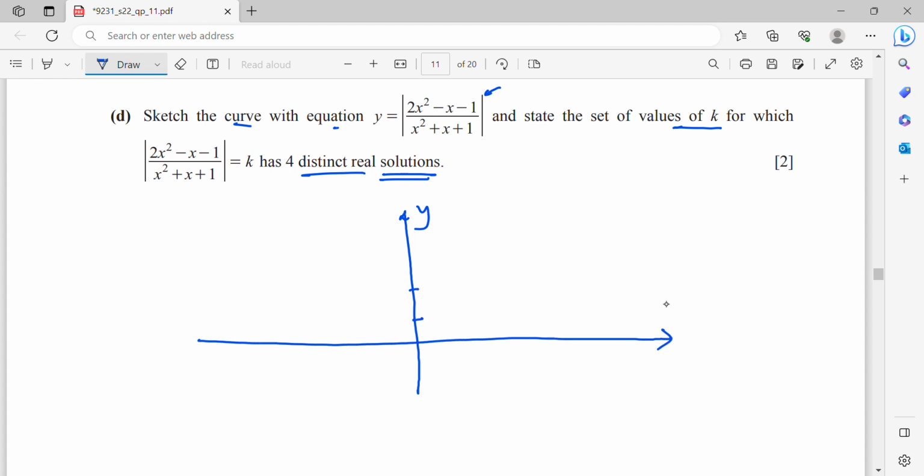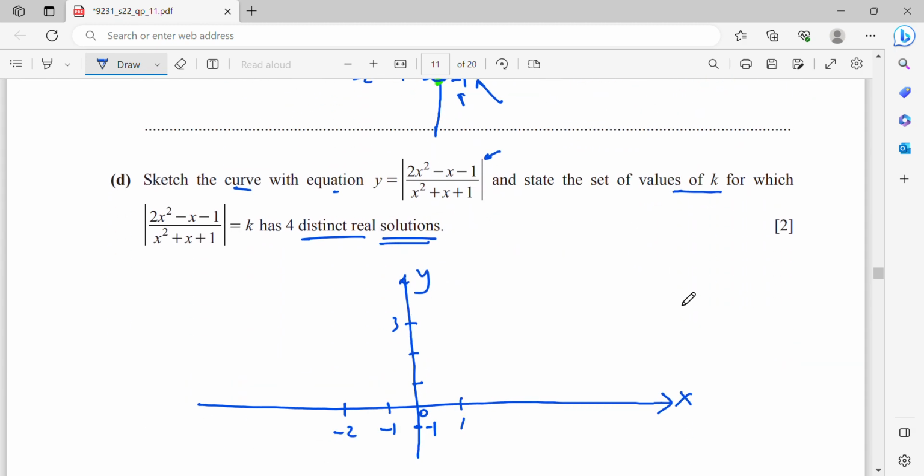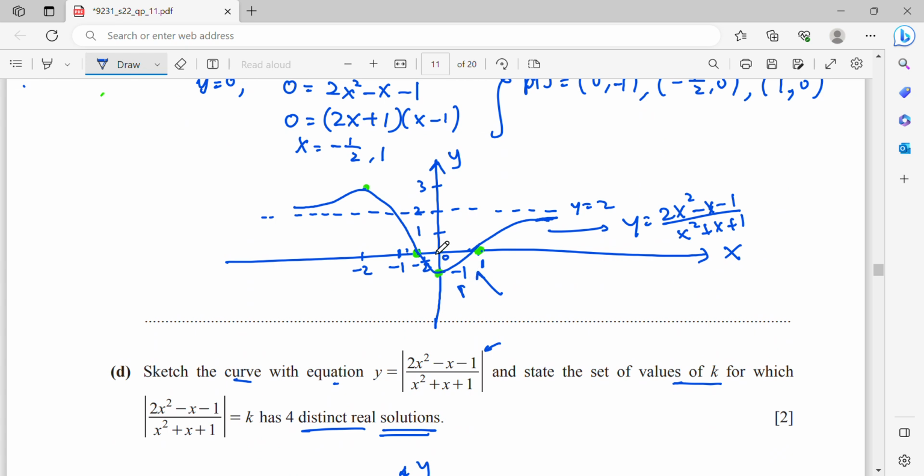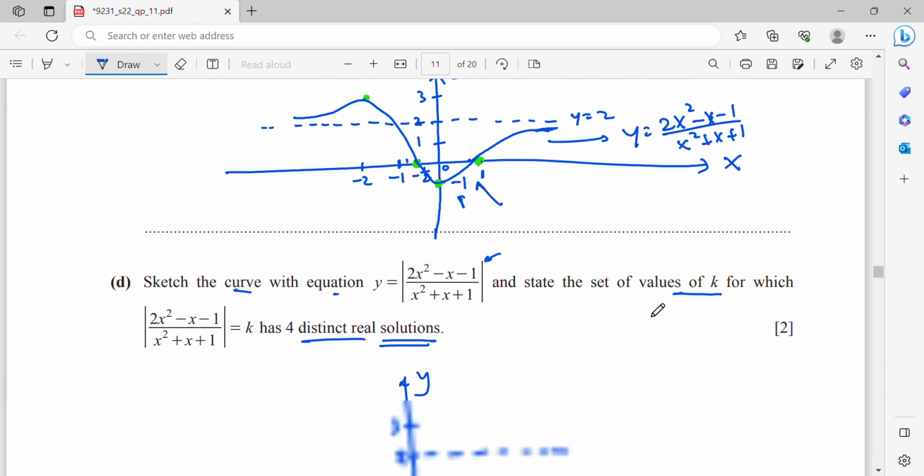Here 1, 2, 3, minus 1, minus 2. Then here is minus 1. Here is 0. Okay, so all my other points remain the same, except the negative part, except those below the x-axis. So this minimum point becomes a maximum point. You flip it to be plus 1, then the intersection with the axis will be 1 and minus half.